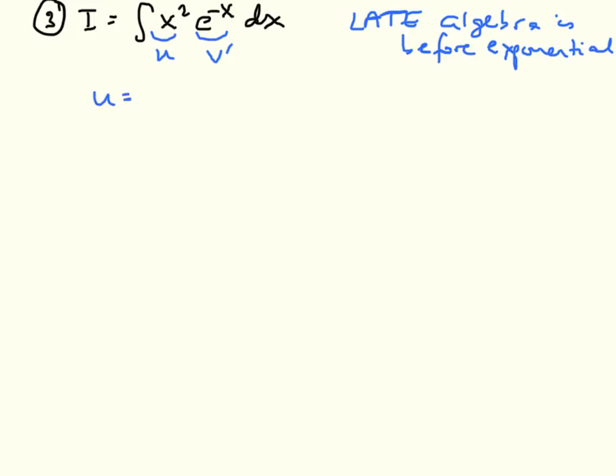So u is x squared, u prime is 2x, v prime is e to the minus x, so v is its integral, it is minus e to the minus x. When we differentiate this, we get back e to the minus x. The minus sign comes down here to make a plus sign.